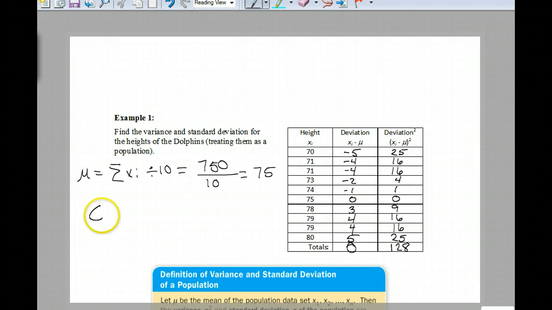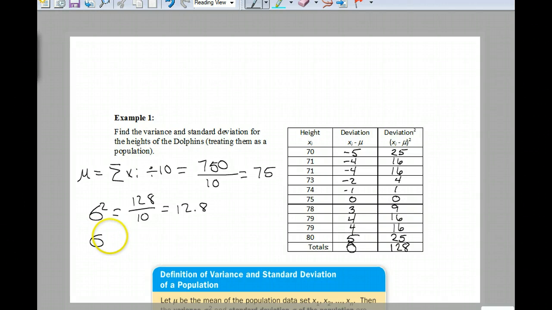Sigma squared for this, after we've added up the sums, we're going to take 128 divided by 10. Okay, and that would be 12.8. Okay, so that's the variance.